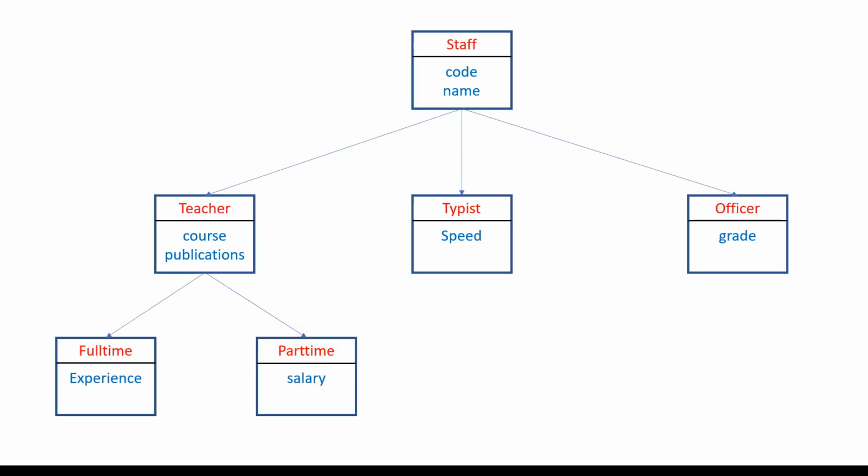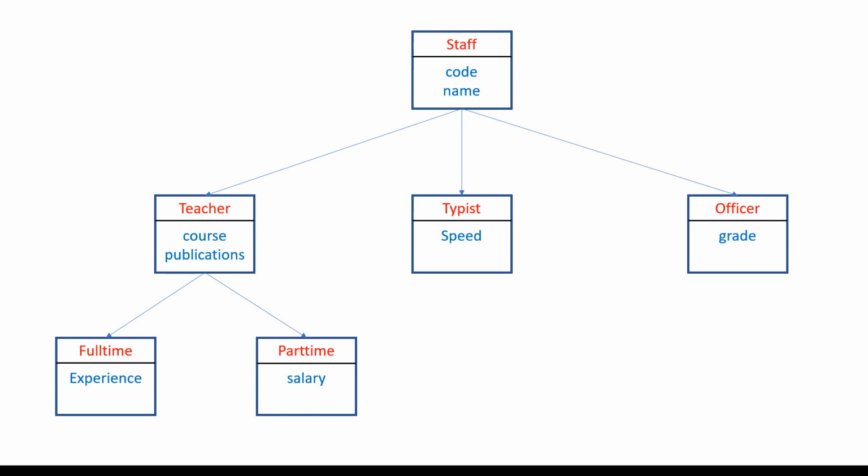So you can see this example. You have a staff as a base class, as a main parent class, having two variables, code and name. Now from this staff you have derived the class teacher, a class typist, and a class officer.